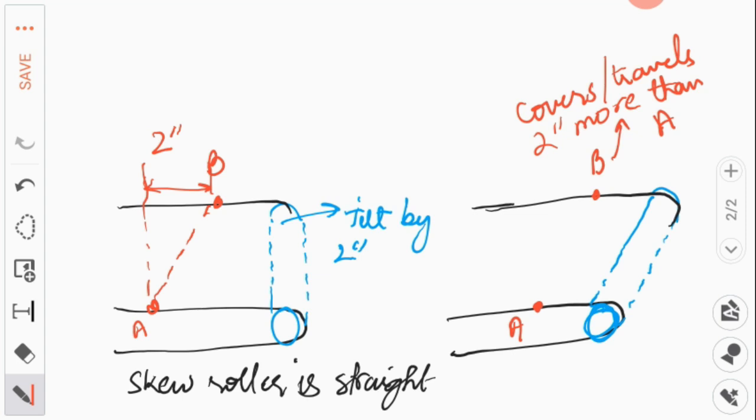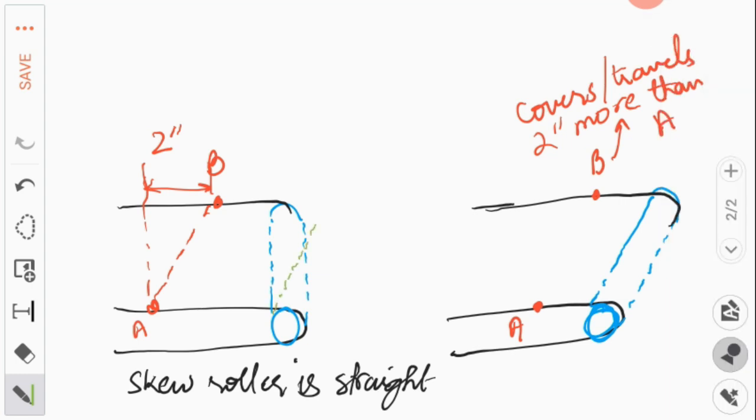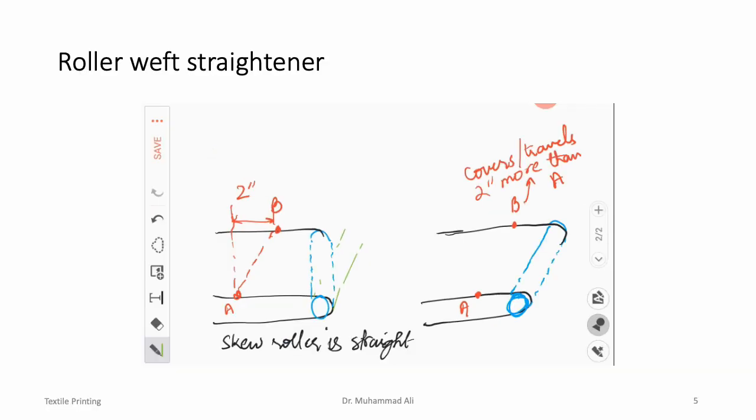So if I superimpose the tilt of the skew roller on this image over here, this skew roller, which was initially straight, is now tilted if a skew distortion is detected. It's like this. The green lines show the tilted position of the skew roller.